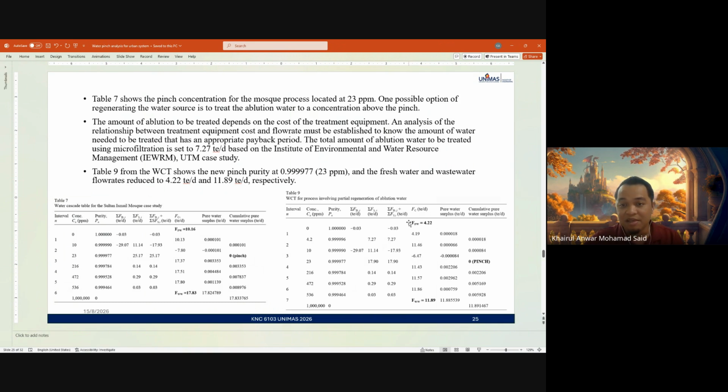Then we recalculate using a new set of data, 4.2 ppm, 7.27. Recalculate the problem table. Now we have a new stream, so the interval is 7 now.